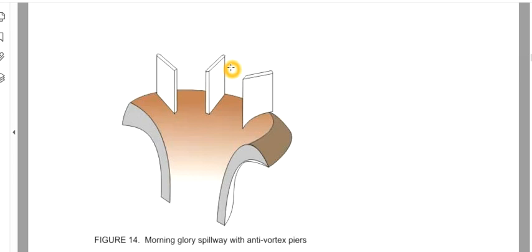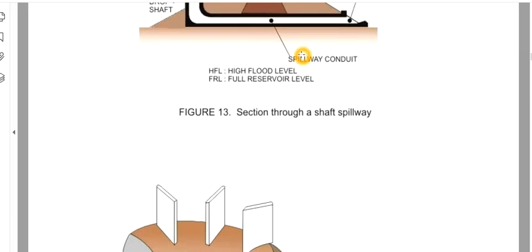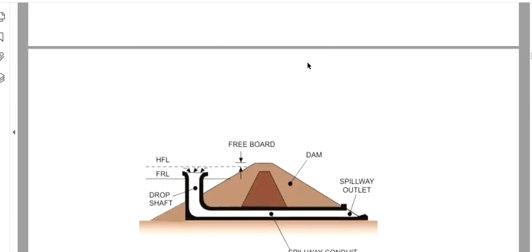The outlet flow of the wash basin is a typical example of vortex flow. So here are the vortex piers over the morning glory spillway, and this is your section through a shaft spillway.